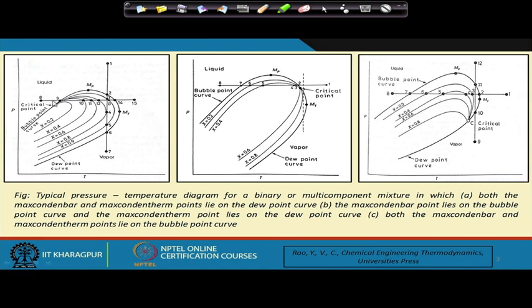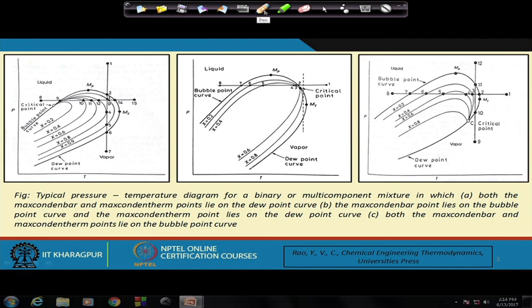And there are some very interesting things which happen in this particular region, which is bounded by the critical point, the maxcondenbar point and the maxcondentherm point. We find that there are three ways by which we can locate the MP and MT with respect to the critical point. One is both of them lying on the bubble point curve, which is the case here. This is not a very common case.